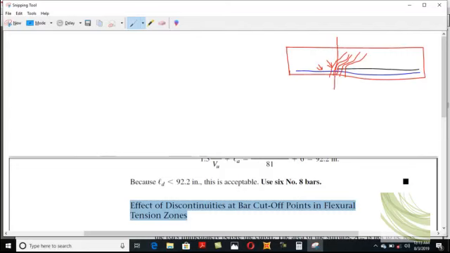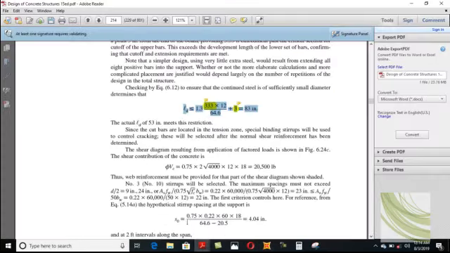Therefore, to control these kinds of cracks, we use three criteria, and those criteria are right in front of me.